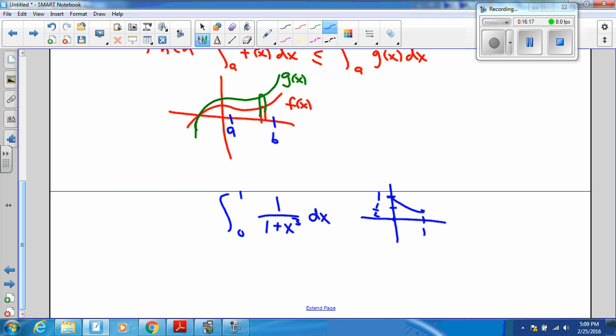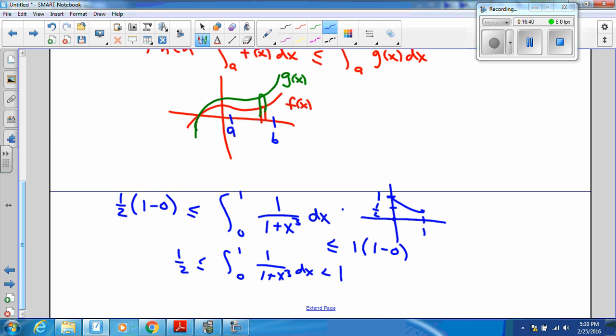And so this means that this integral right here is going to be trapped between the minimum value of 1/2 times the width of the interval and the maximum value of 1 times the width of the interval. In other words, I can say that this integral is definitely between 1/2 and 1. Now those aren't very tight bounds, but it gives you a sense of how these min-max properties are used.